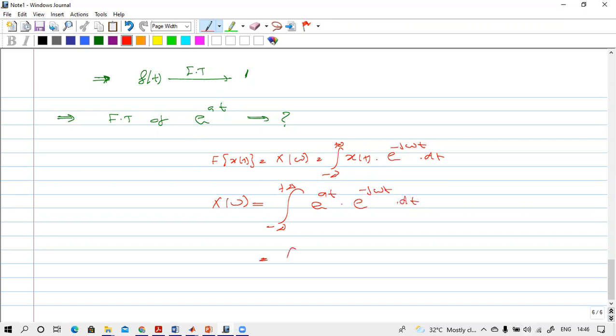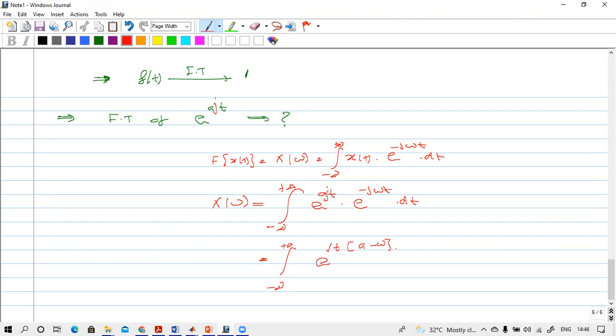So you will have the integral from minus infinity to plus infinity of e to the power, where this t is the same for both terms. Let's take it as j omega.